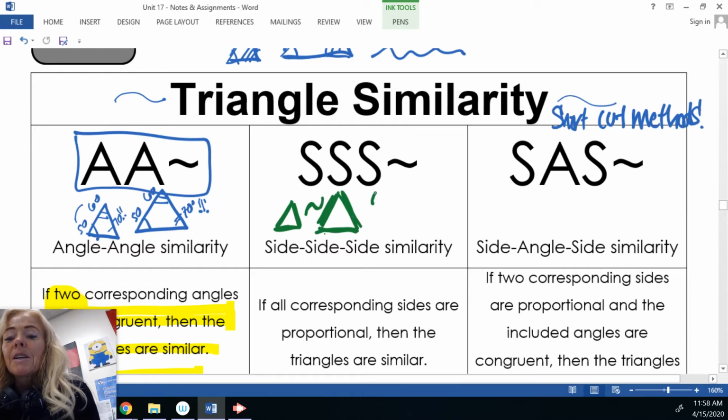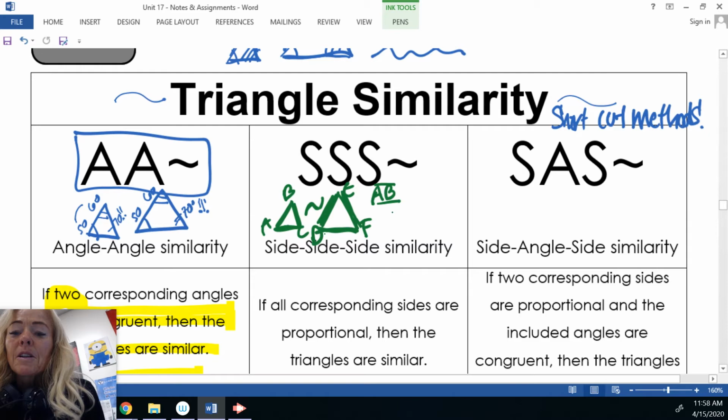All right, so here we'll set up our A, B, C, D, E, F, like we did before. So side AB over DE, their ratio is equal to BC over EF's ratio, is equal to DF over AC's ratio.